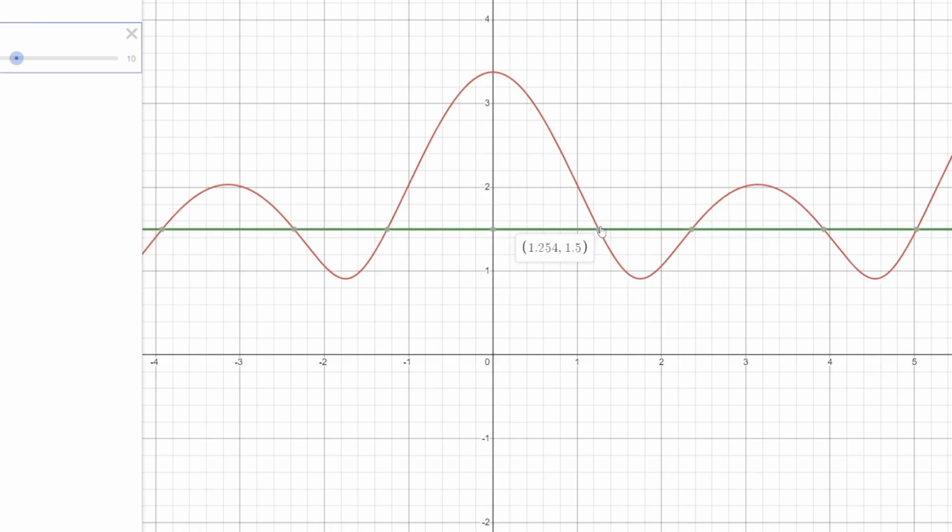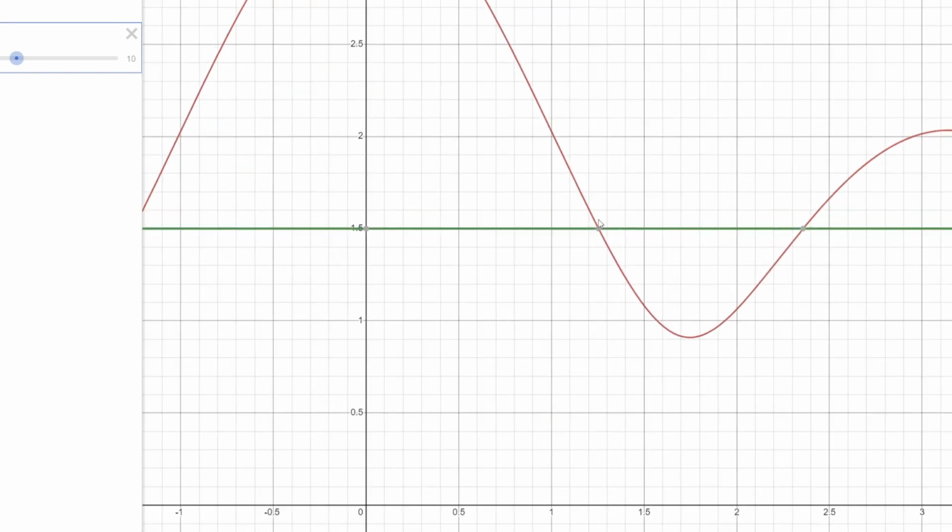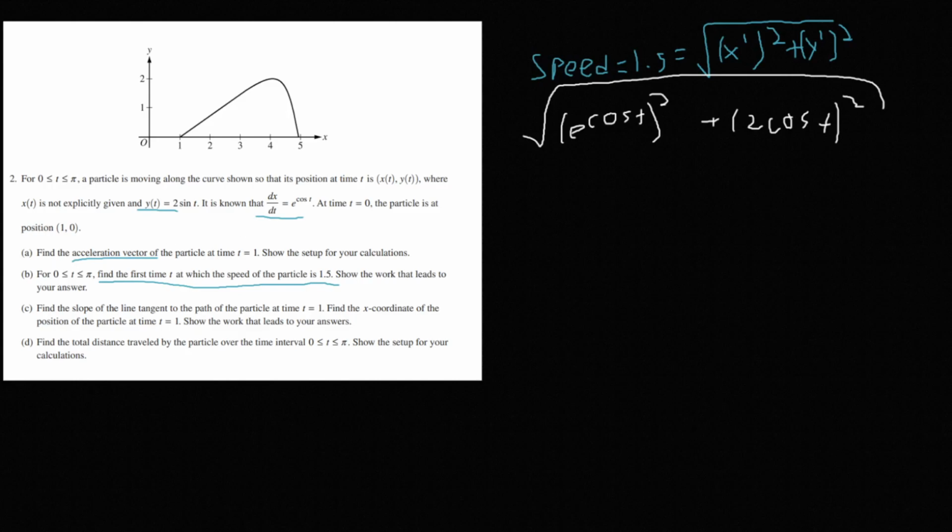So I plotted 1.5, and you would be able to just look at the intersection as one of your little buttons on your calculator. This is at t is equal to 1.254. And so this question is just t is equal to 1.254.